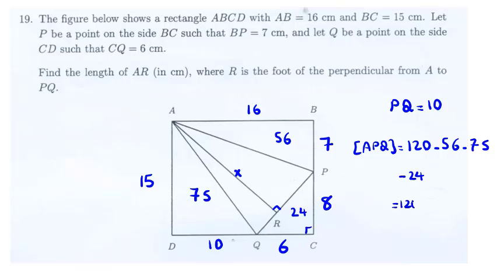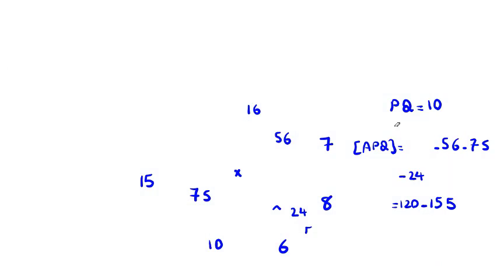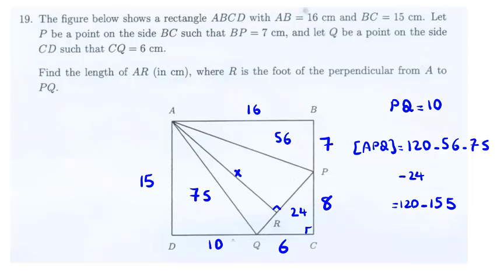Sorry, here when we multiply 15 by 16, I shouldn't divide by 2, let me correct it. I should write 240. So it will be 240 minus this, 240 minus this.